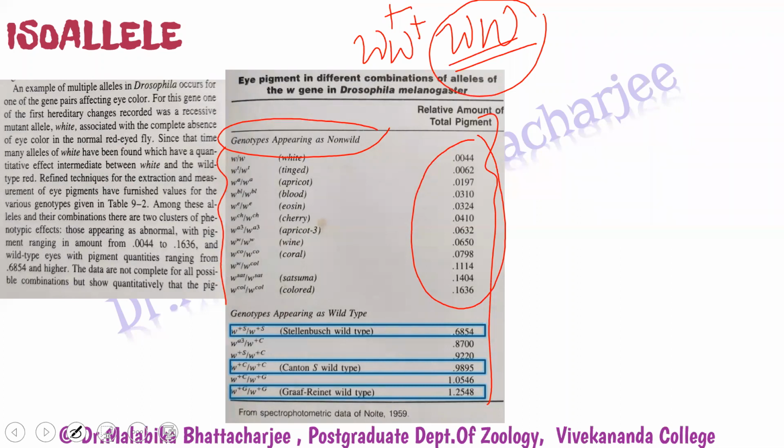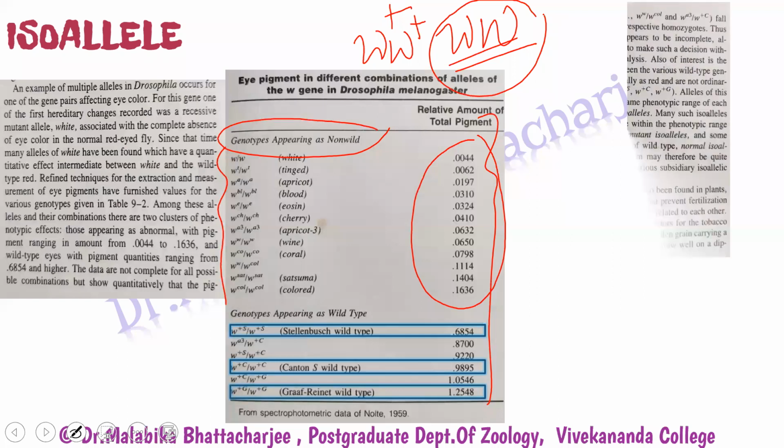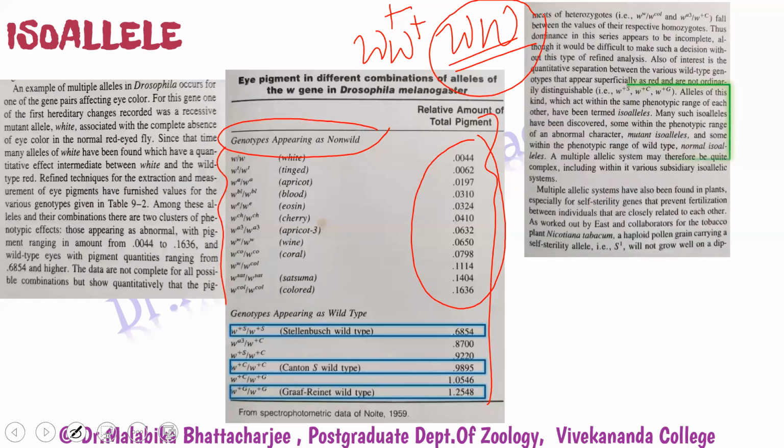So that is where the concept of isoallele develops, where isoallele says that these alleles act within the same phenotypic range of each other. w plus w plus is different from w plus s, w plus s, with very subtle differences in the amount of total pigment present in the eye, but yet phenotypically they are red in color.